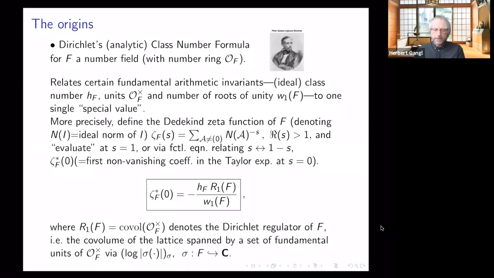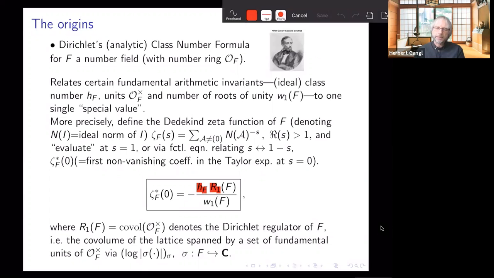The crucial thing here is class number times the regulator.